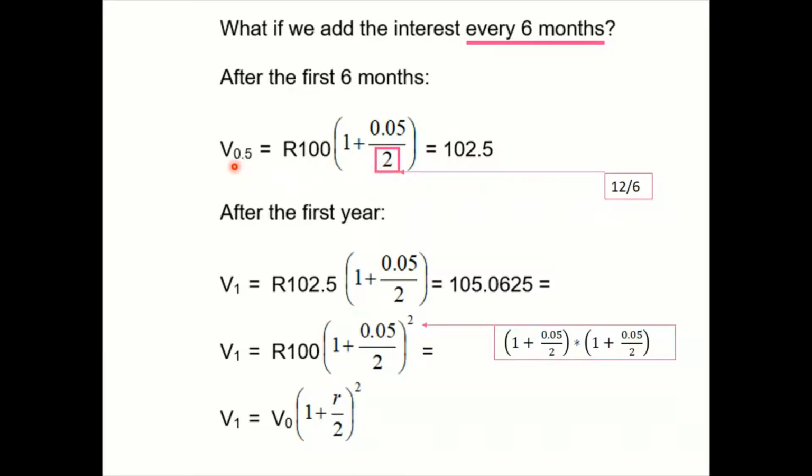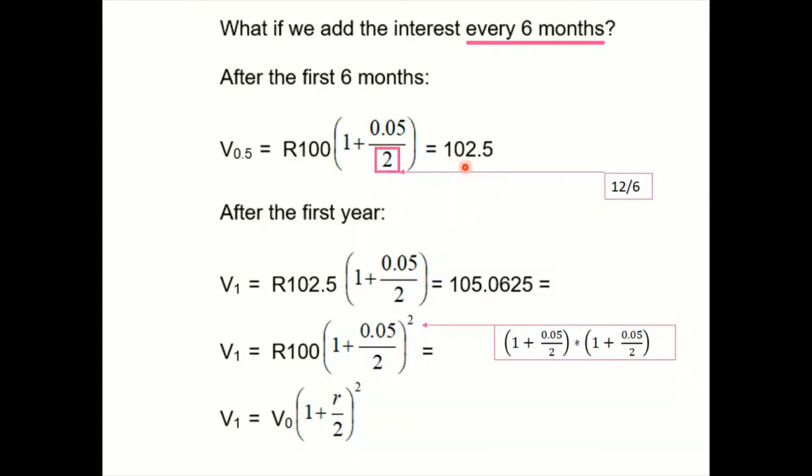We would be able to work out the value of our investment after half a year, and we would take the initial value of the investment, and this formula is the same, other than we have now divided R by 2. And that would be our answer, the value of our investment after 6 months.